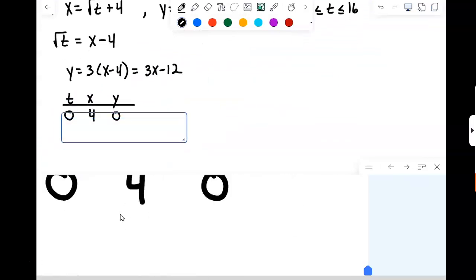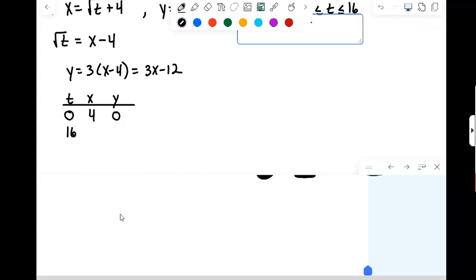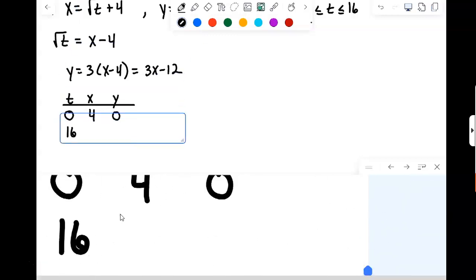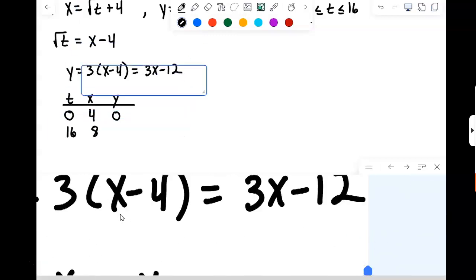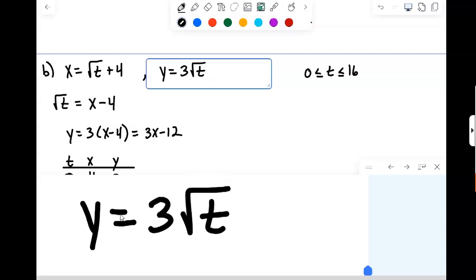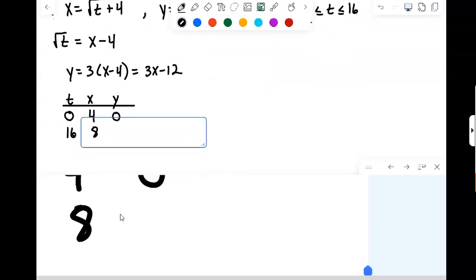And this time, since it's a straight line, I'm just going to go ahead and plug in the last point, 16. Square root of 16 is 4, plus 4 would be 8. And here, 3 times the square root of 16, 3 times 4 would be 12.